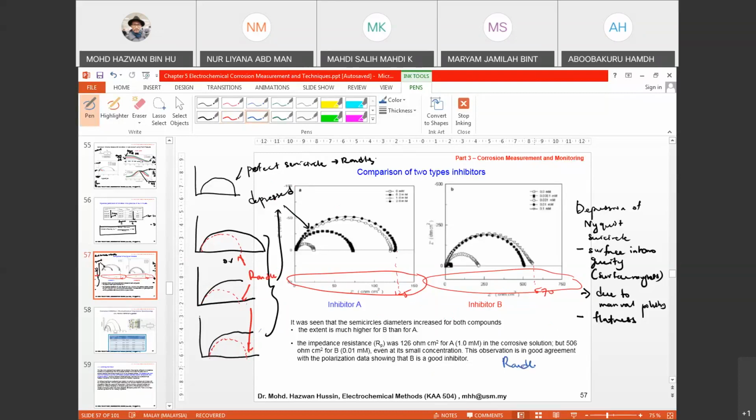Randles, still Randles, with CPE. Okay, what does it mean by CPE? CPE stands for constant phase element.